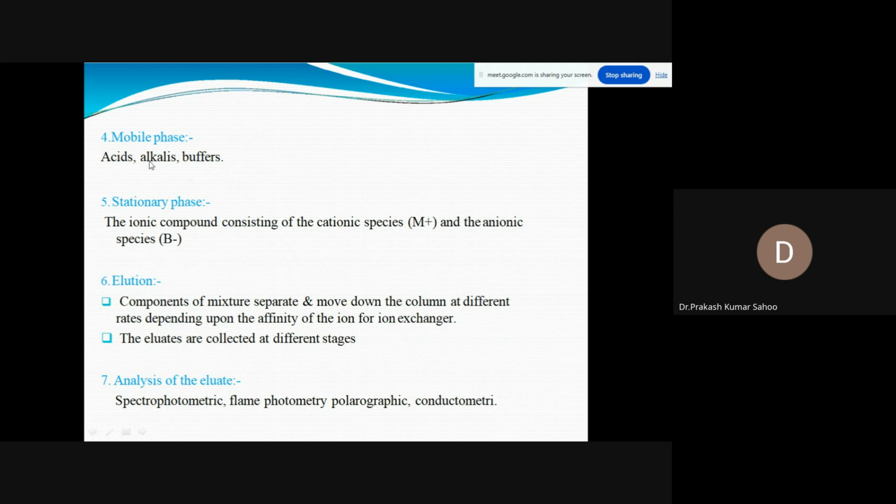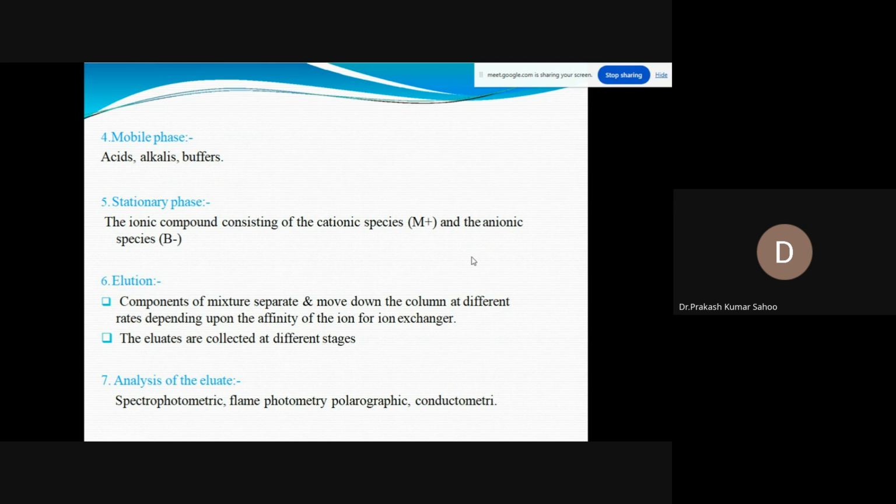Acid and alkali mean bases, and a buffer solution may be used depending on the pH at which the process is going on. The stationary phase consists of cationic species M plus and anionic species B minus. Both the positive and negative ions are there in the stationary phase.